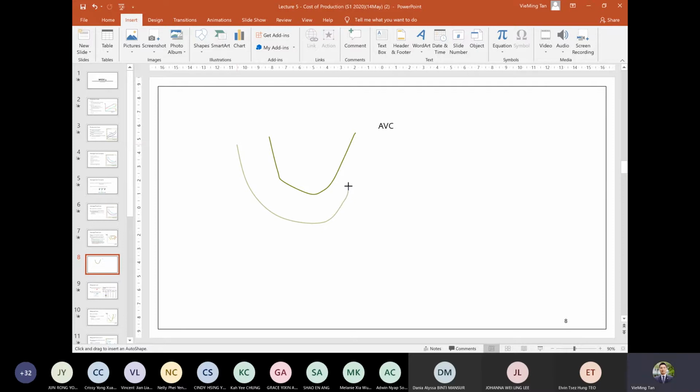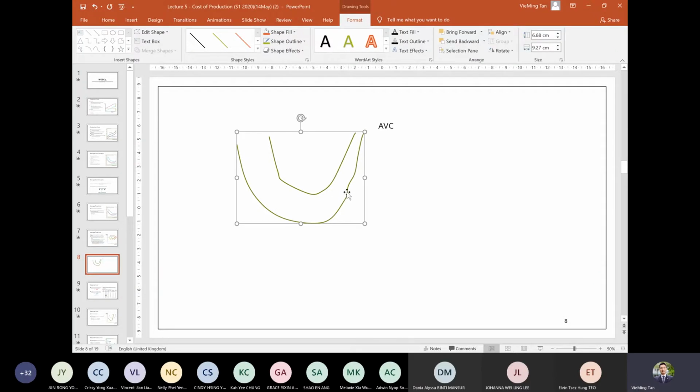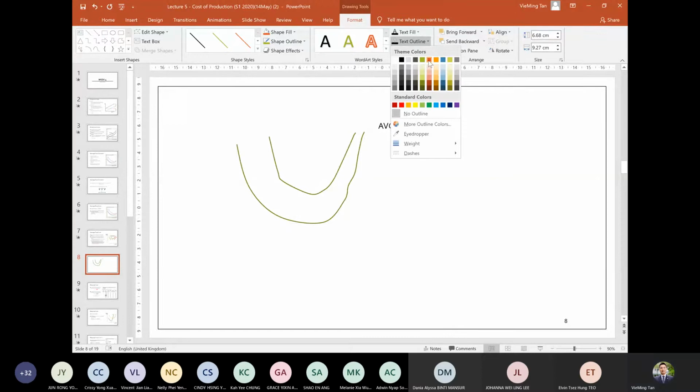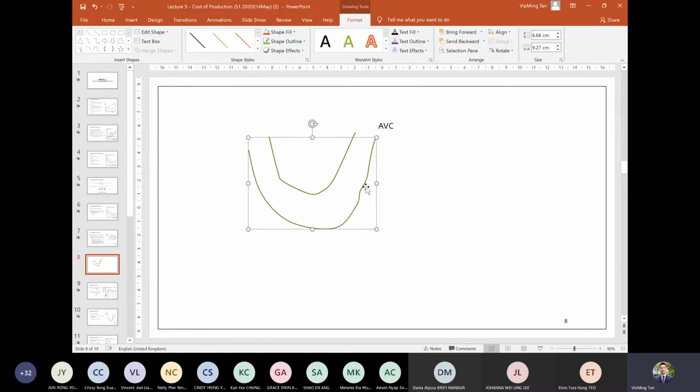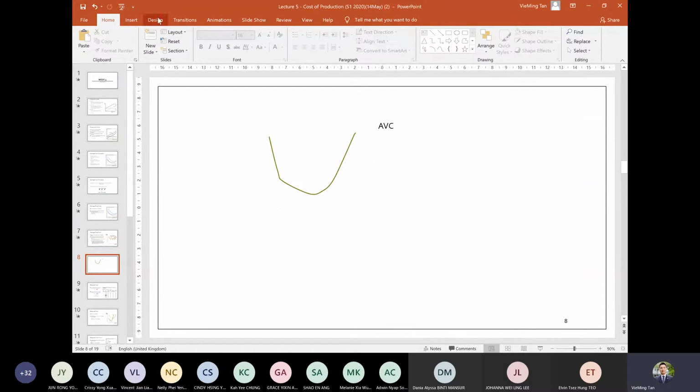Okay, so you may find that when the quantity output is getting more and more, the average total cost is getting nearer to the average variable cost. This one I give another color, I use this color. Okay, draw one more time.